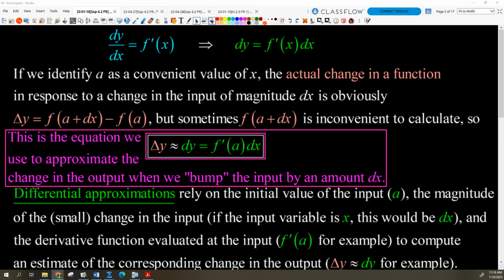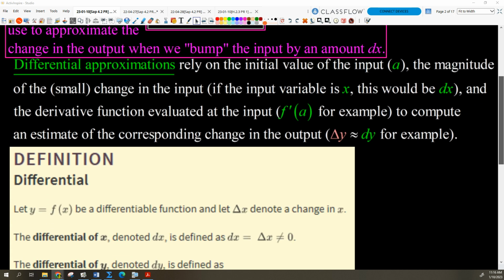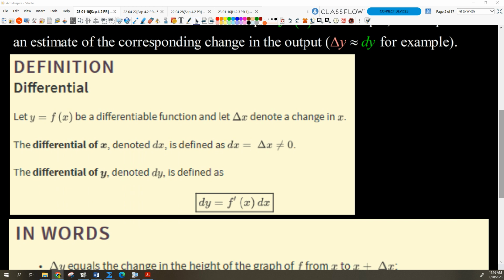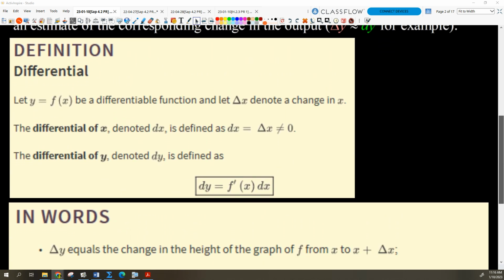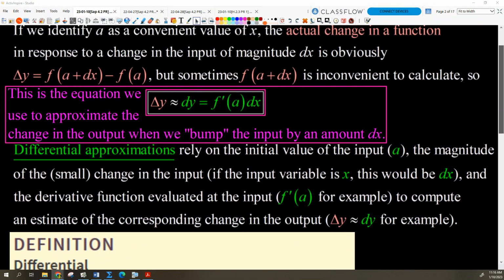And we looked at a couple examples yesterday where we actually calculated some derivatives in differential form. These are from our textbook, so I just threw those in.